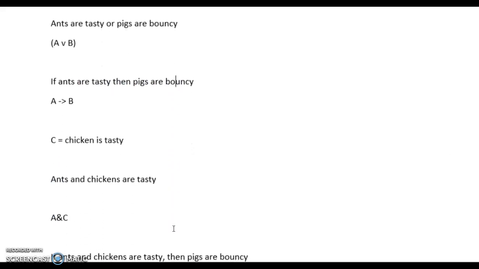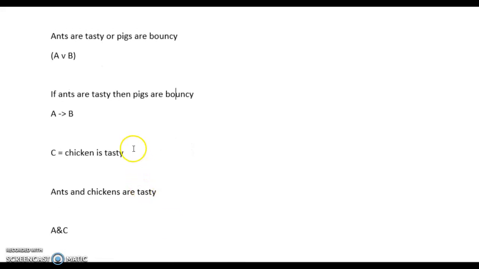Now let us consider some other examples. So we might say, add a new sentence that says C equals chicken is tasty. So if we have a sentence that says ants and chickens are tasty, we would translate it as A and C. And the reason why is that in symbolic logic, what you really care about is what we call the semantics, right?